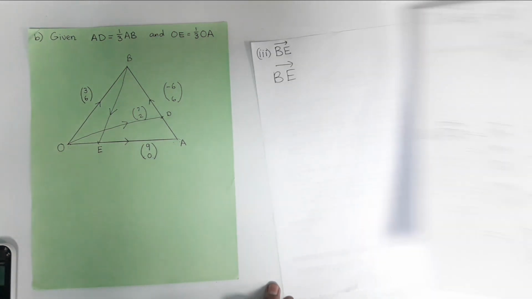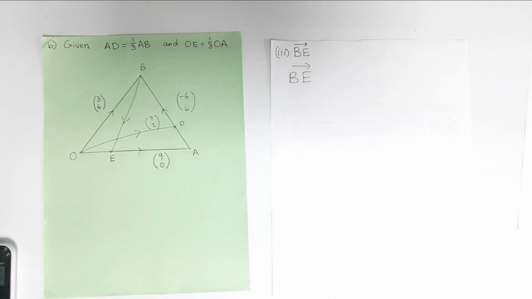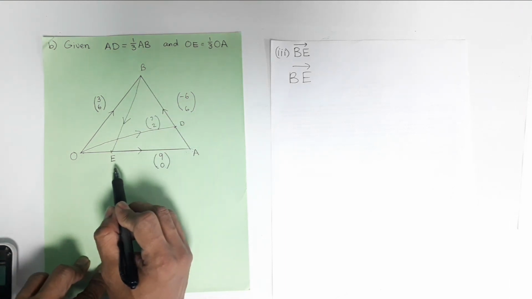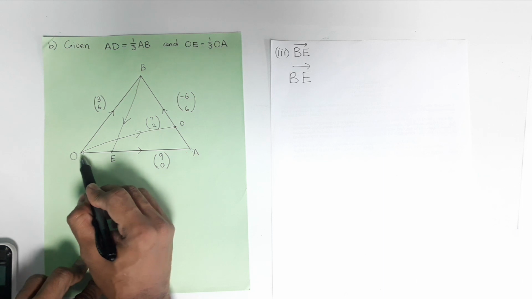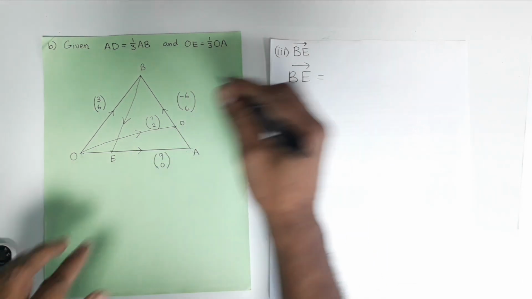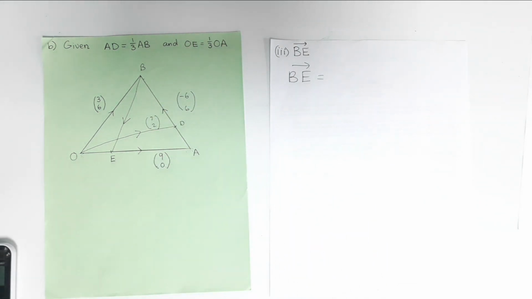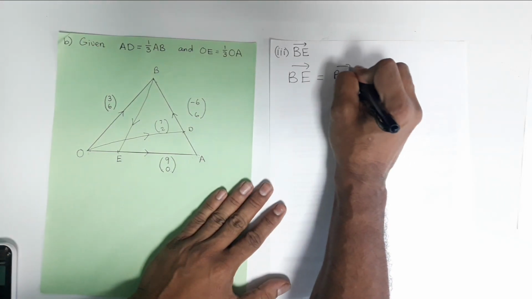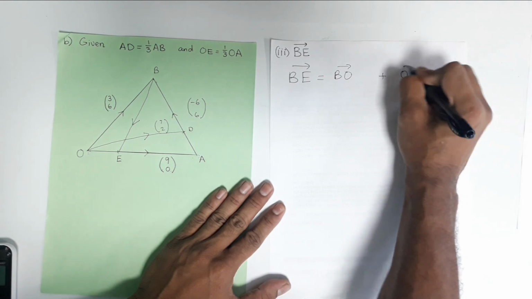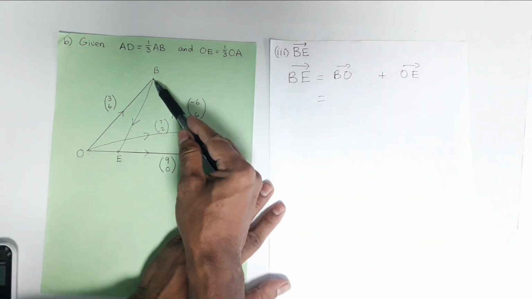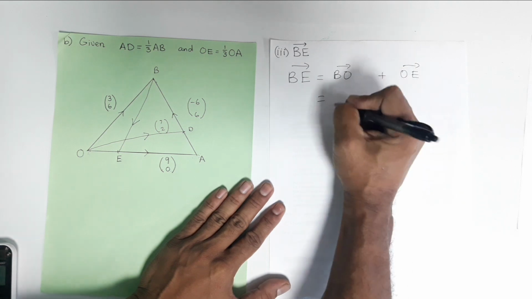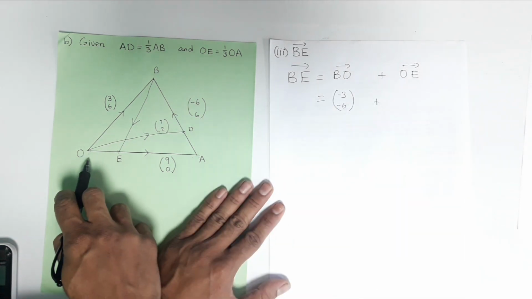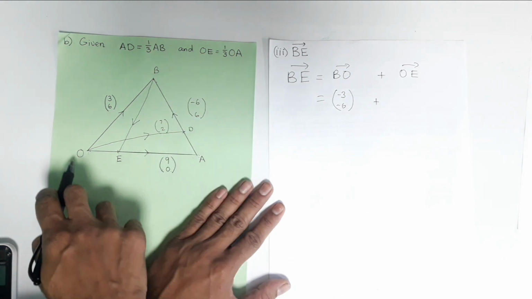Now back to the first part that I had worked first by mistake. BE. How can we walk from B to E? B to O and O to E. If you go from B to A and A to E, you'll get the same answer, but I'm going this way. BE. B to O and then O to E. BO is against the arrow, so we have to change the signs. Minus 3, minus 6, plus OE is 1/3 of the entire line.